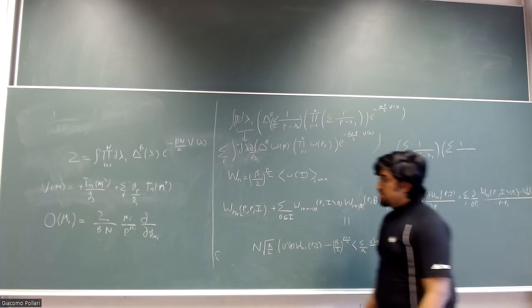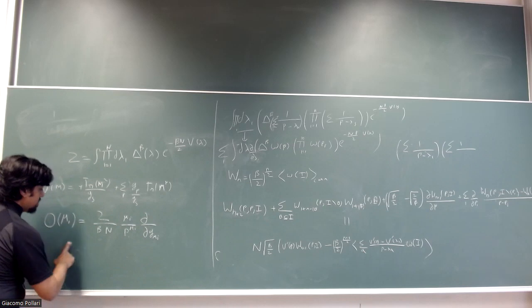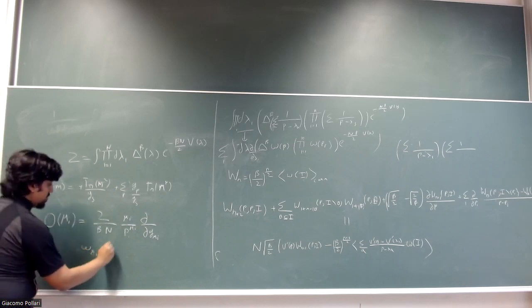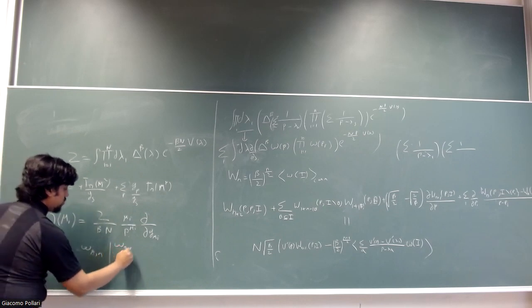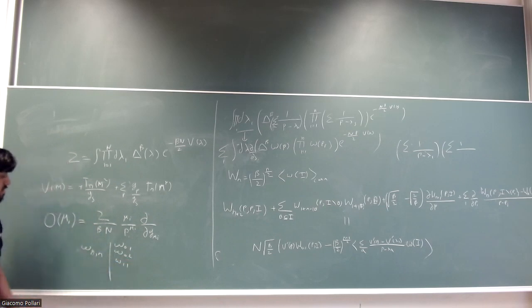So in general, you need the terms omega g comma n: you have to calculate 0,1, 0,2, and 1,1. If you know these three, you can calculate the rest.